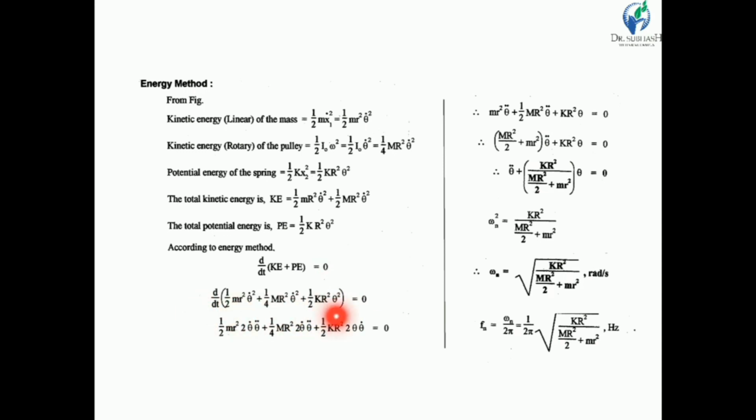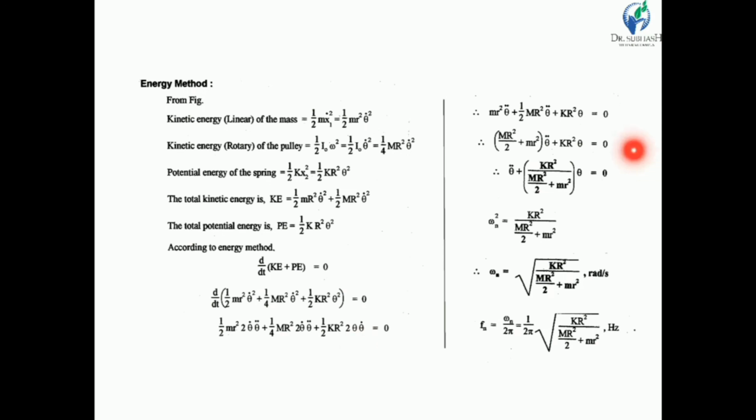If you take the derivative, then 1/2 m r square, the derivative of theta dot square is 2 theta dot into theta double dot, plus 1/4 capital M capital R square 2 theta dot into theta double dot plus 1/2 capital K capital R square into 2 theta into theta dot is equal to 0.